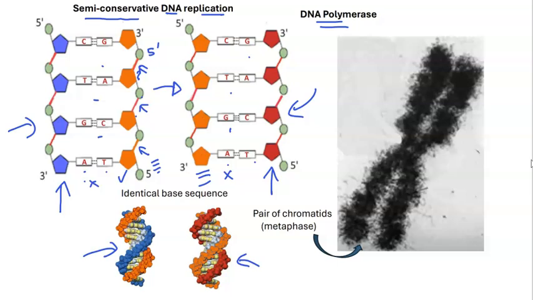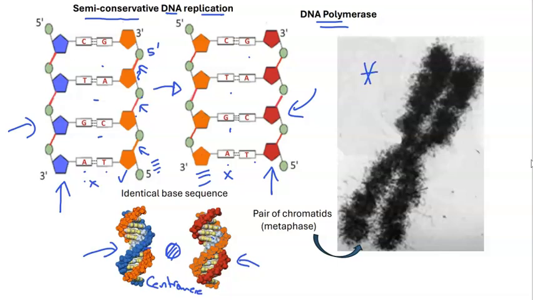In cell division, what actually happens is that these two identical copies will be held together by a small piece of protein called a centromere, and they will form a kind of X shape, which we can see in the image here.